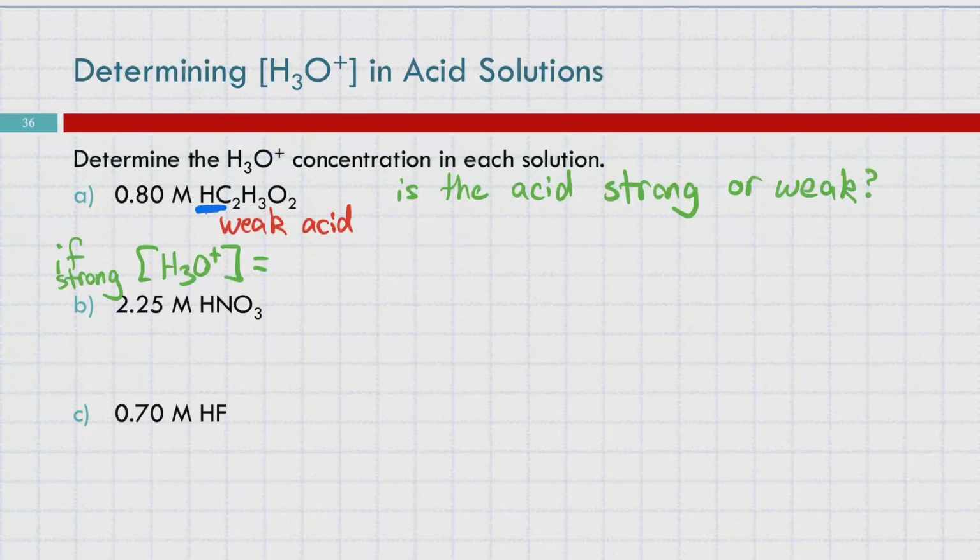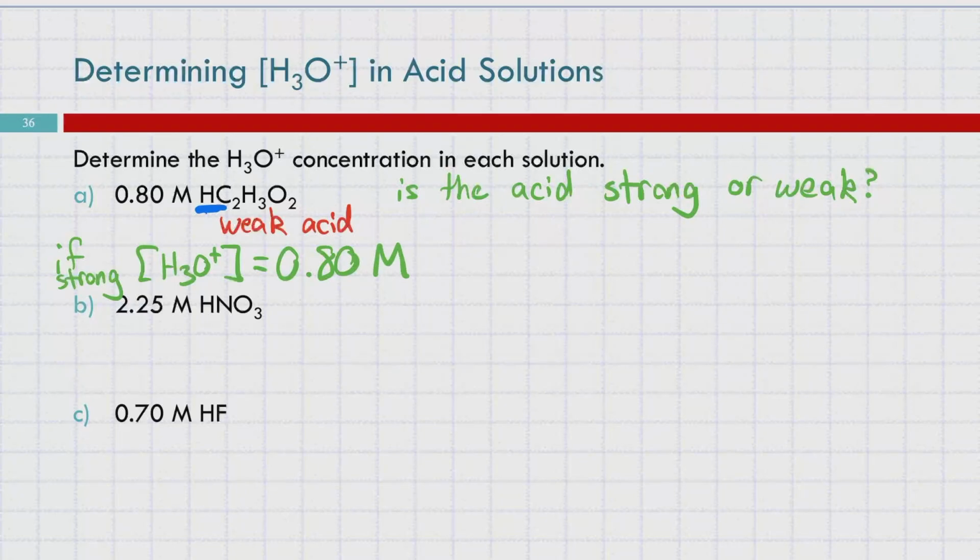If it was a strong acid, that means that every single one of these units would break apart into H plus, and acetate is the anion. That means that our concentration would be the same. So if it was strong, that concentration would be 0.80 molar.